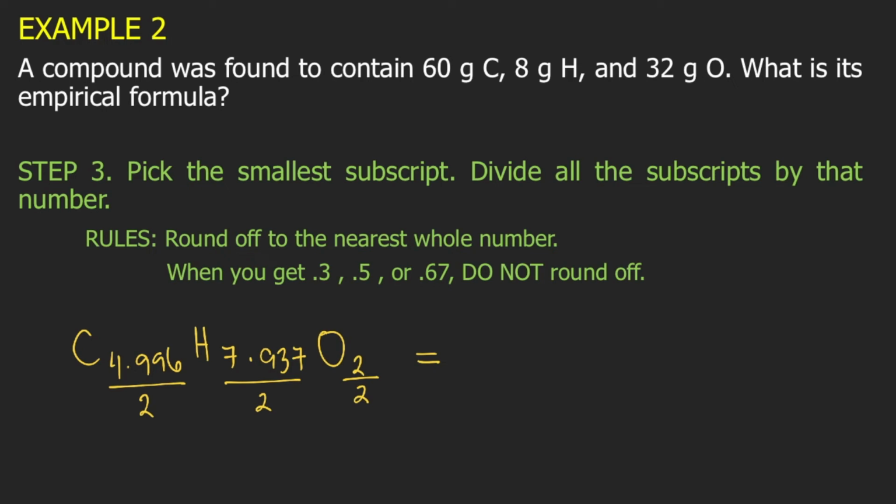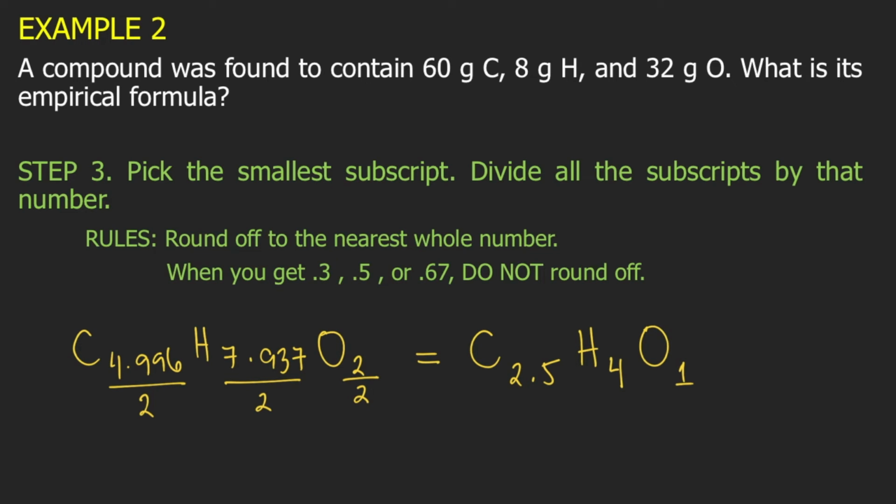The rule is when you get a 0.5, you do not round it off. So you just put C 2.5. For H, 7.937 divided by 2 is 3.9, so you round it off to 4. So H4. And for O, 2 divided by 2 is obviously equal to 1.